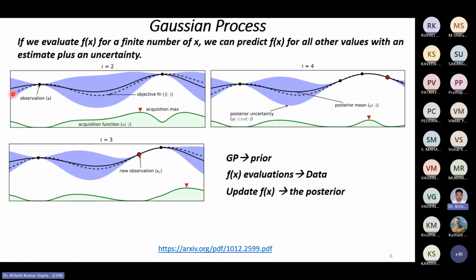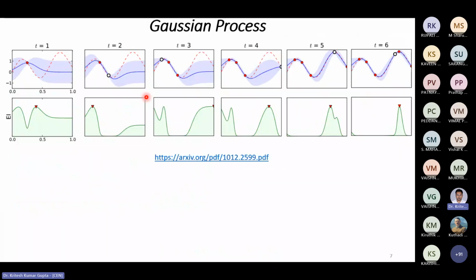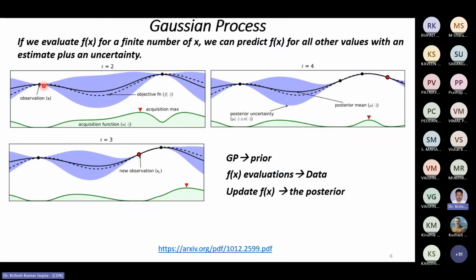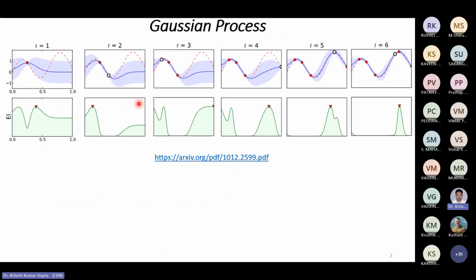Based on those prior observations, we have some mean and we have some covariance. Covariance means how far the points can be, or what uncertainty can be in the prediction if we go along with this region. Okay. So we start with certain points. Observe data points, and build a surrogate model, so we need to know what the mean is and what the covariance is. Based on that, we will build a surrogate model.